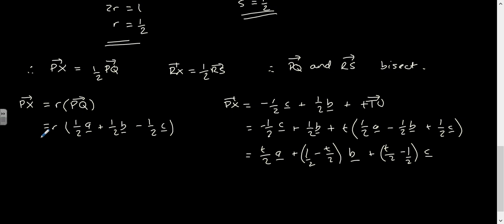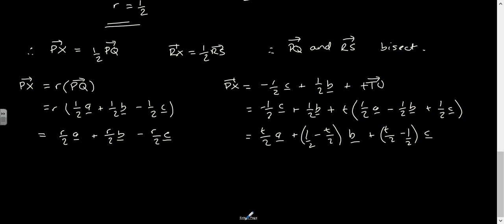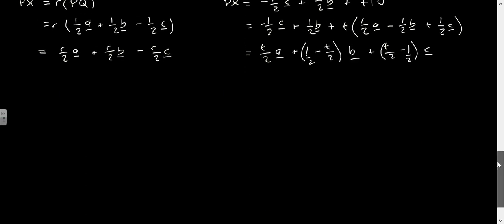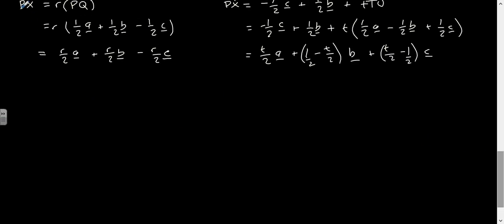And we're going to let this be the same as here. So we've got R over 2 A plus R over 2 B minus R over 2 C. And now we make these two equal to one another. Because the vector from P to X has to be the same no matter which way we've gone.